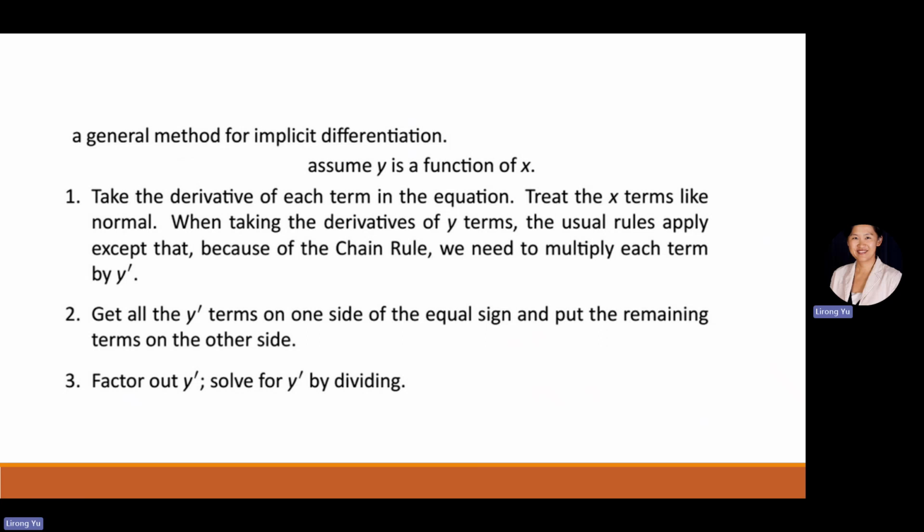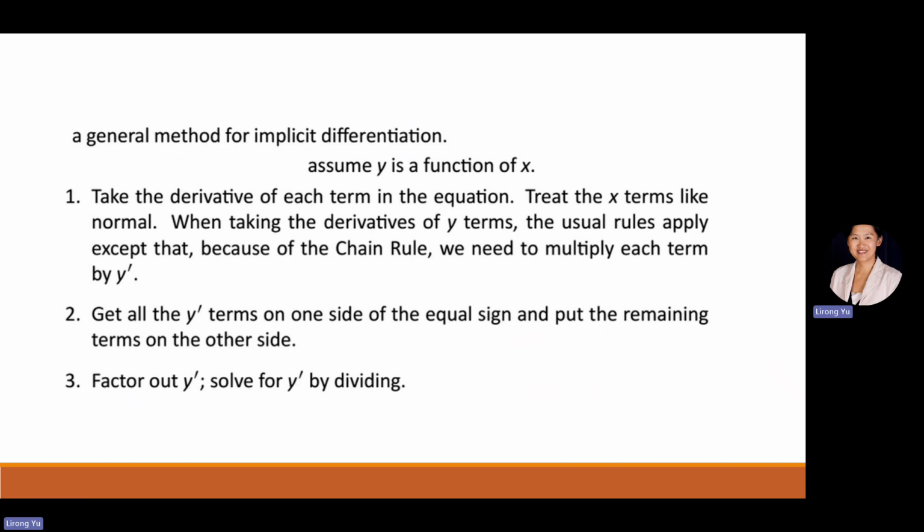Whenever you see an x term, you do the same as what we have been doing. Then when we take the derivative of the y term, we still use the same rules: product rule, quotient rule, power rule, chain rule. But make sure you always multiply by y prime whenever you are differentiating a y term.